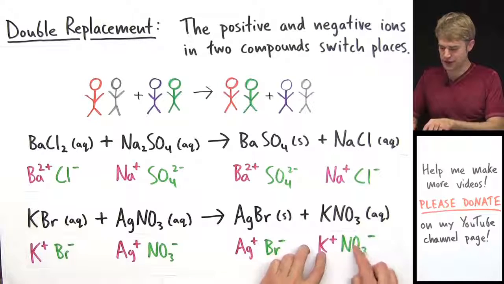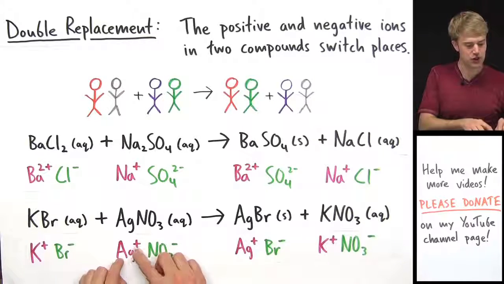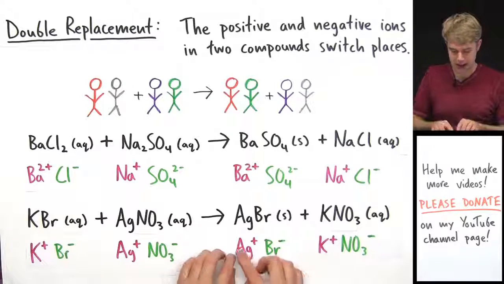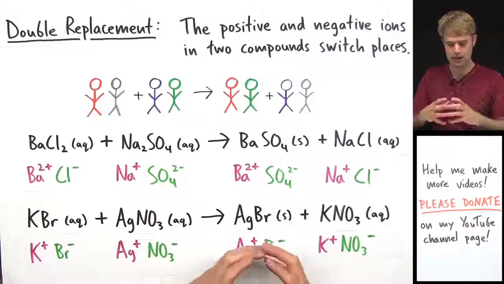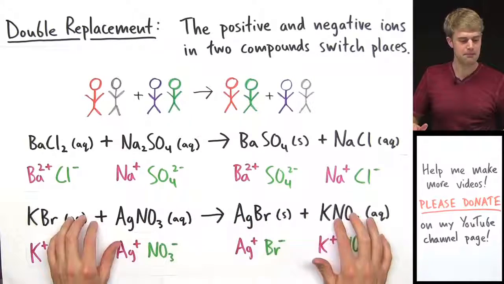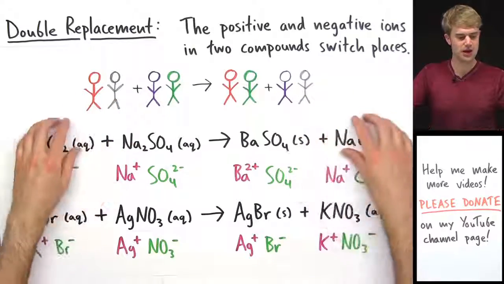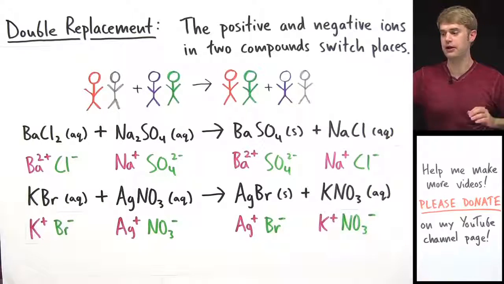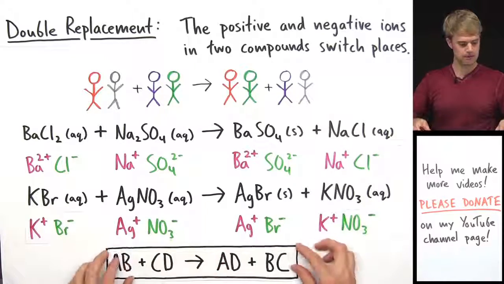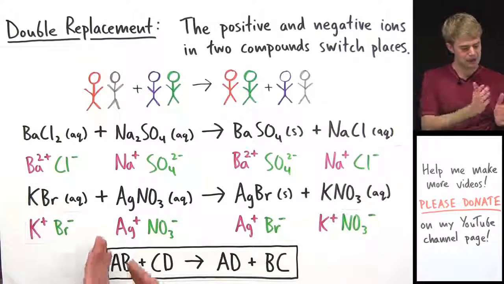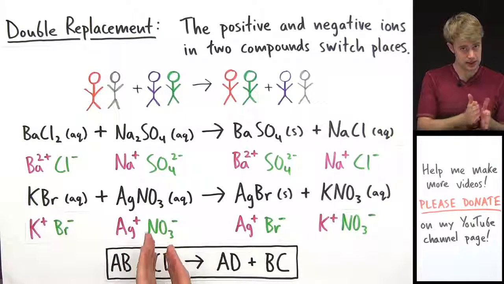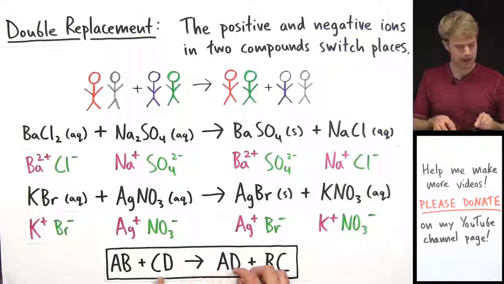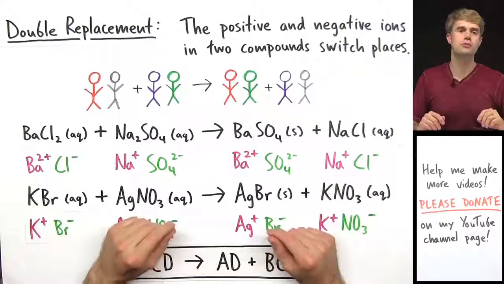K+ and NO3- end up together, and Ag+, silver, looks for the other negative ion, which is Br-, and Ag+ and Br- end up paired up together, making AgBr. So that is a double replacement reaction, and if we wanted to come up with a general or generic way to explain it, we could use this reaction here, where we have AB, where A and B are paired up, plus CD, where C and D are paired up, and then they switch partners to give us AD and BC. So that is a double replacement reaction.